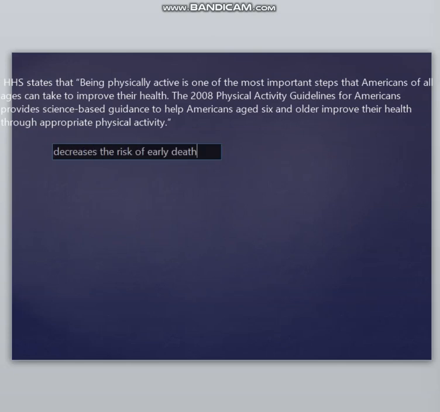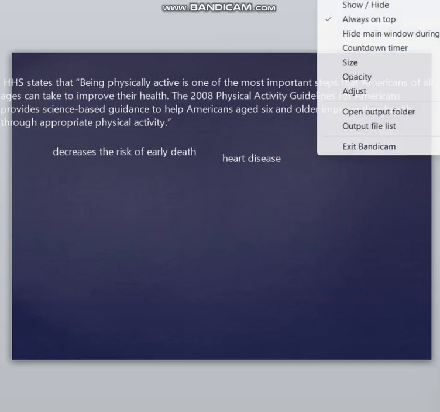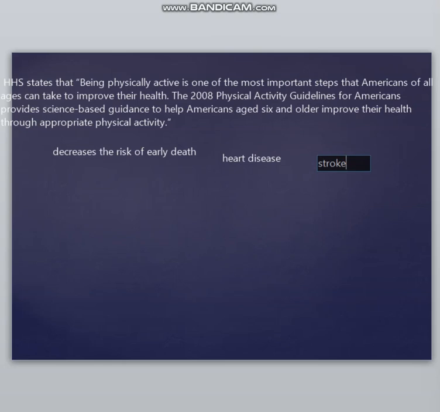Decreases in the risk of early death. There is a decrease in the rate of heart diseases. You don't get heart diseases so easily. You don't get a stroke so easily. You know what a stroke is, right?